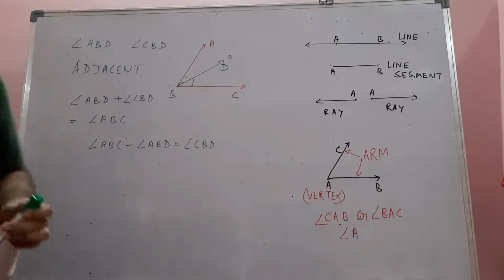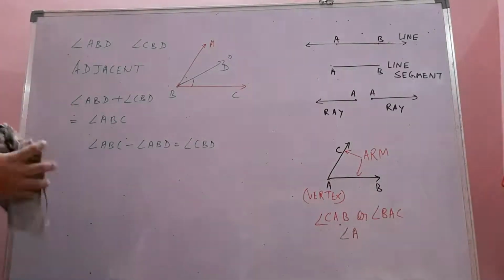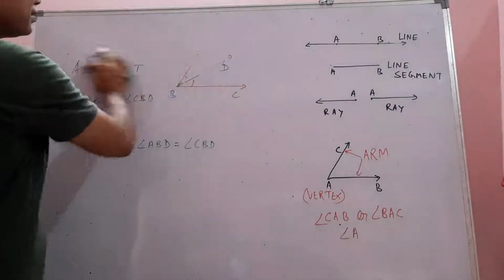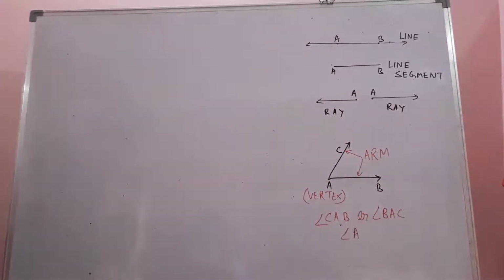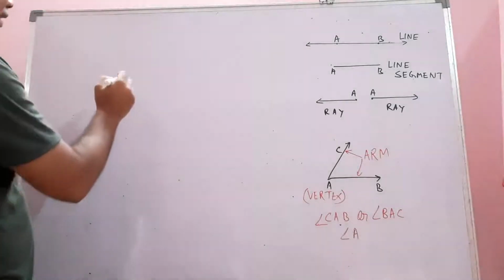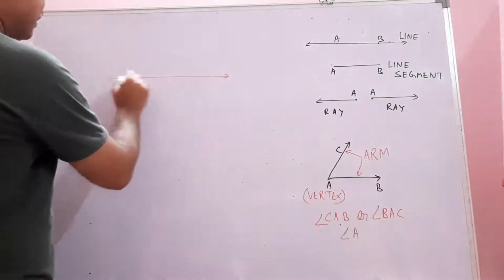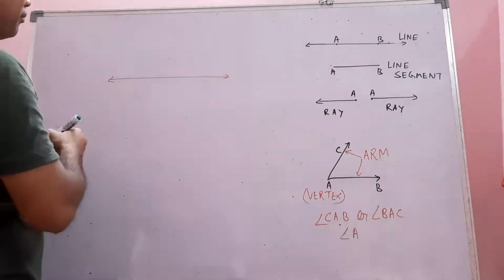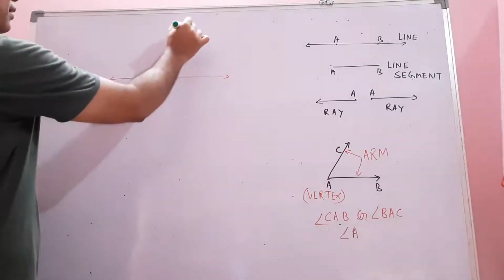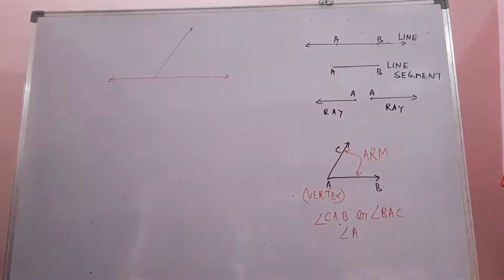Okay. Now next thing. See here. Now we are going to draw two adjacent angles like this. These are two adjacent angles. Okay, clear?